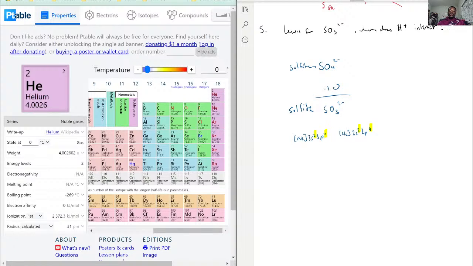So in total, we have 6 from the sulfur and 6 times 3 from the oxygens, so that'll be 24 in total, plus the 2 electrons indicated by the 2-. So we need to accommodate for 26 electrons. Okay. With that being said, draw it out. Sulfur will be in the middle because it's the only unique one in this case. I'm going to now surround it by 3 oxygens.